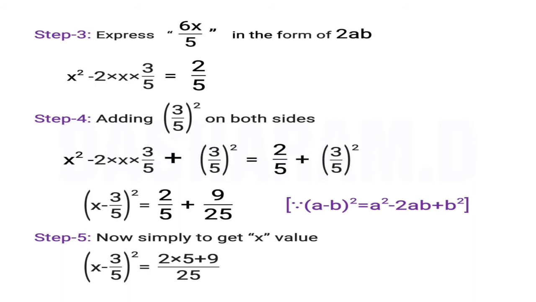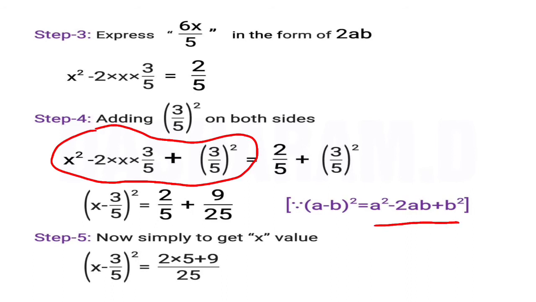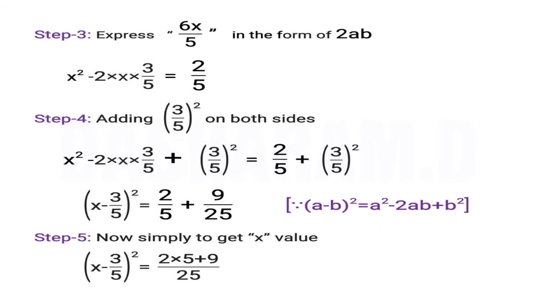Now observe that x square minus 2 into x into 3 by 5 plus (3 by 5) whole square is in the form of a square minus 2ab plus b square, which equals (a minus b) whole square. So (x minus 3 by 5) whole square. Now simplify the RHS: 2 by 5 plus (3 by 5) whole square is 9 by 25. So this is step 4.